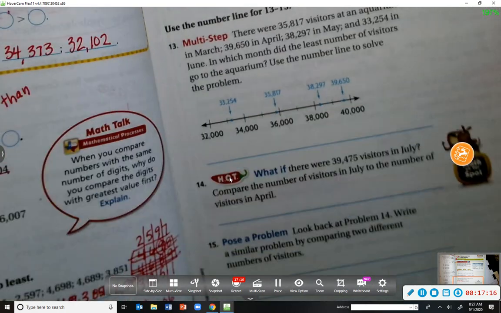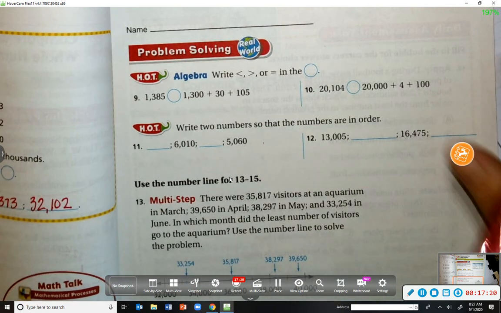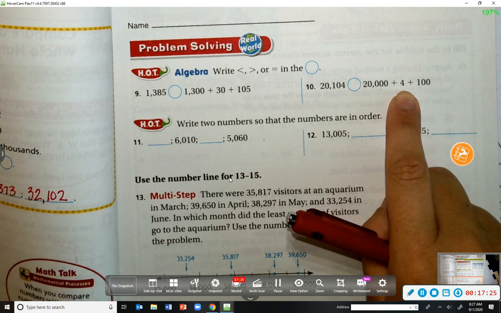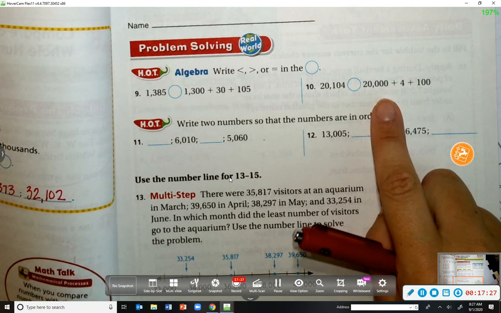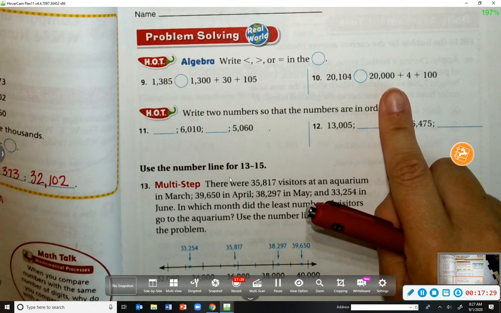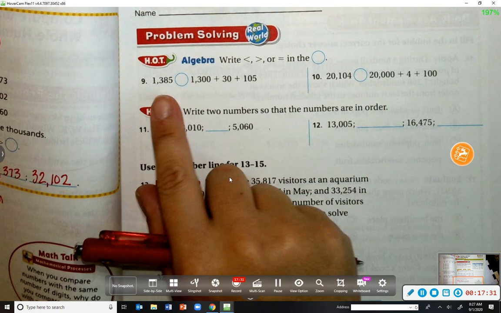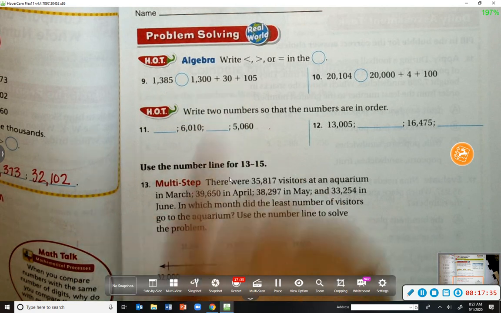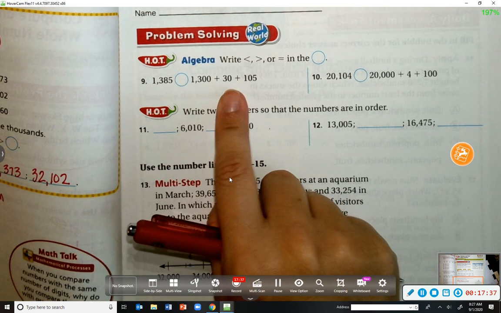Okay, now let's go over to this page. We're going to do a couple of the challenge problems, just like we would if we were in class, because you will see some like this. It's not any harder, it just requires an extra step. So, looking at number 9, I see they have 1,385, and on the right they have expanded form.